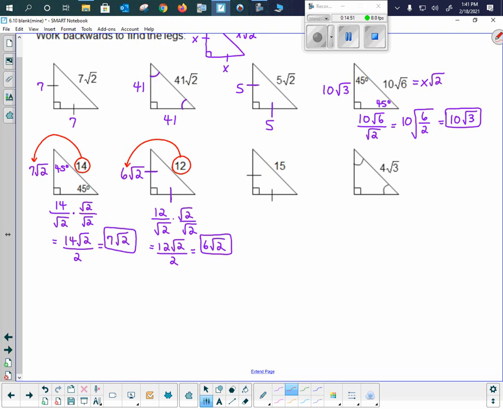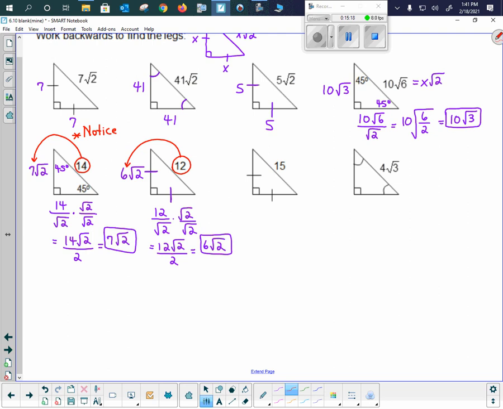And really think about the number without the root for a minute. So 14 gave me 7, 12 gave me 6. So it's half and then multiplied by root 2. Well, will that always work that way? Those two are nice because those were even numbers. Let's see if that pattern holds true when we have an odd number.